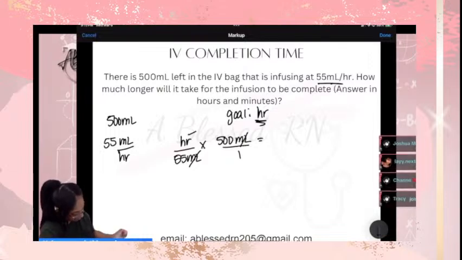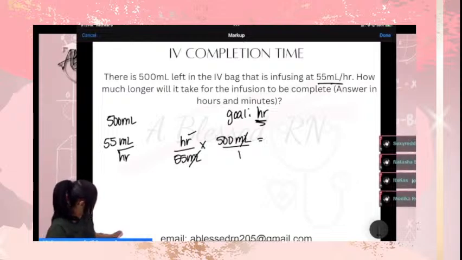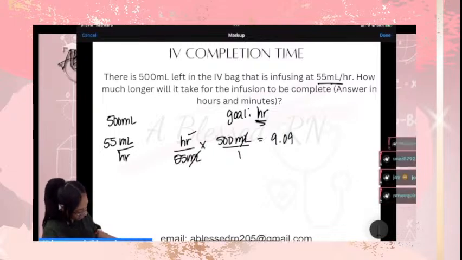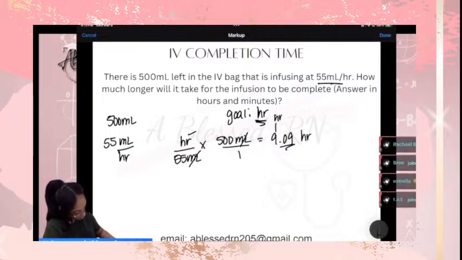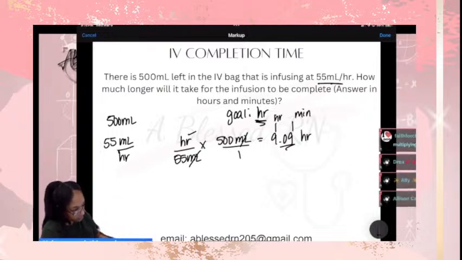So now I am left with just hours. So that'll be 500 divided by 55, which would be 9.09 hours. So what is 0.09 hours? This part is hours and this part is your minutes. So you'll take everything after the decimal and multiply it by 60.